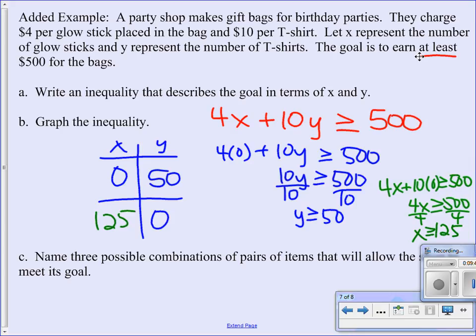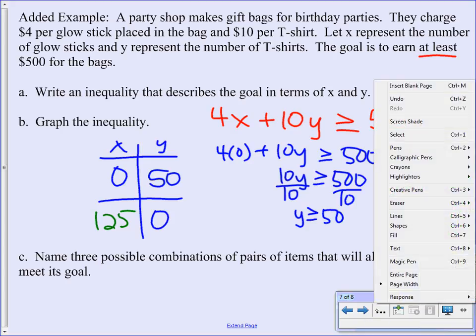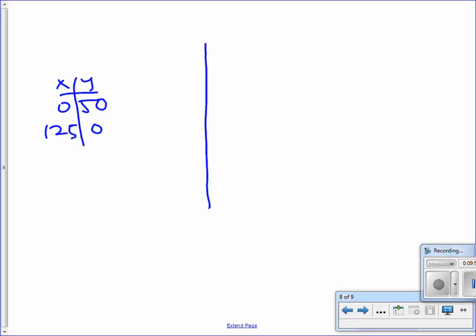So if I had to graph this, let's get me a new page. If I had to graph this, remember I had 0, 50, and 125, 0.